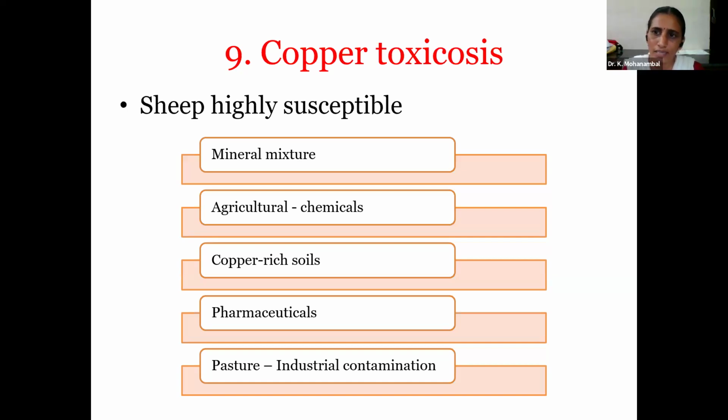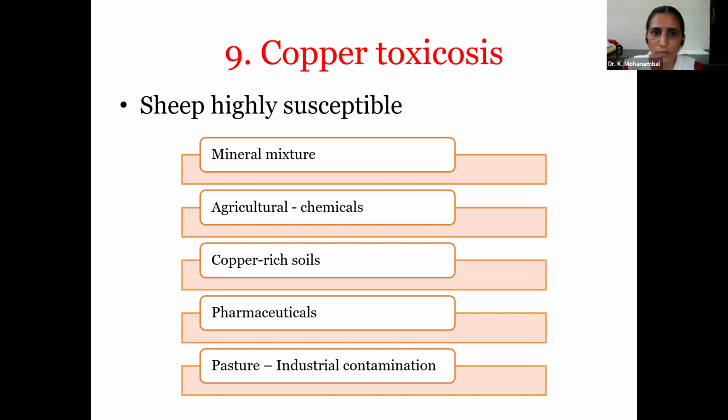Then we went for a retrospective study on why the copper toxicosis occurred in that particular farm, because the owner had been giving a mineral mixture for a couple of years at the same dose rate to all the animals. So over the course of time, copper accumulated in the body and became a toxicosis.